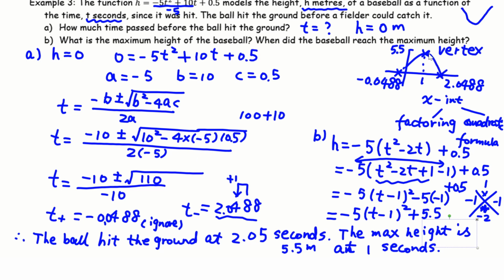And for the vertex, we could use completing the square. So when you have the keyword maximum or minimum, we know we are looking for the vertex. Then you could go from standard form and do completing the square. So that is all for this lesson.